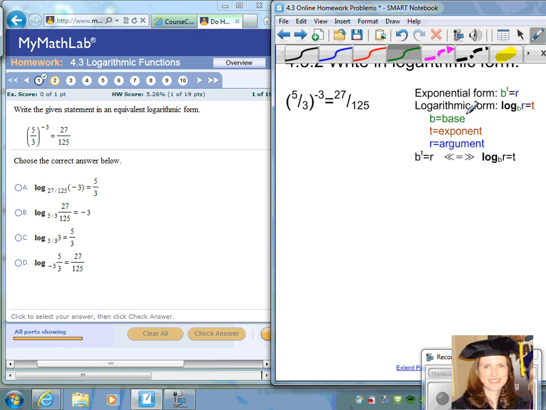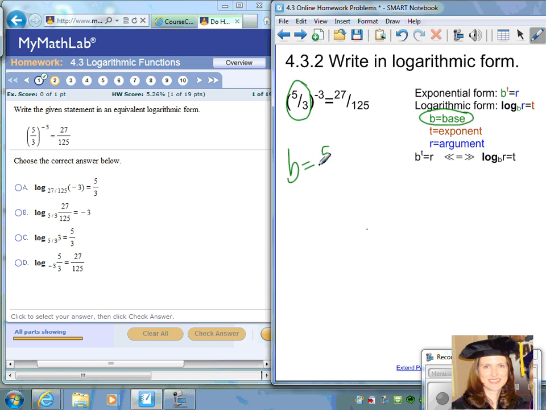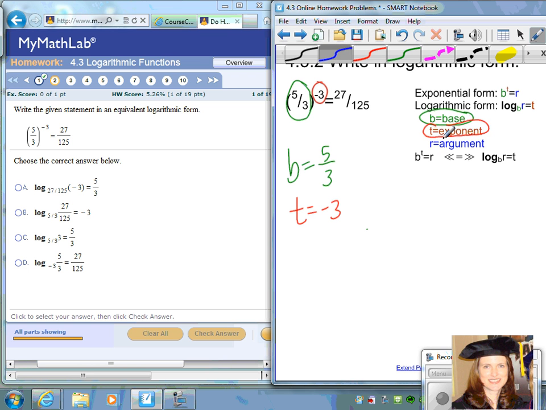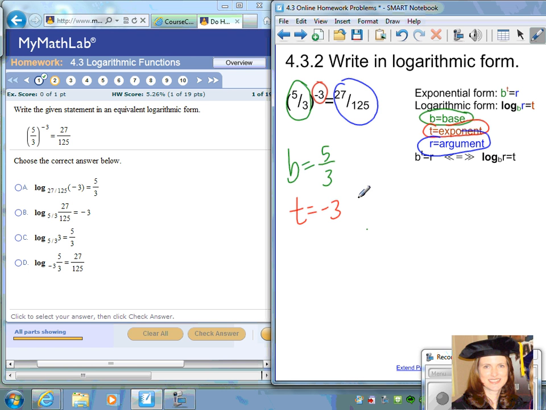The base b is equal to 5 over 3. That's our base. The exponent t is -3. And then the other part we have is the argument. That's going to be our 27 over 125.